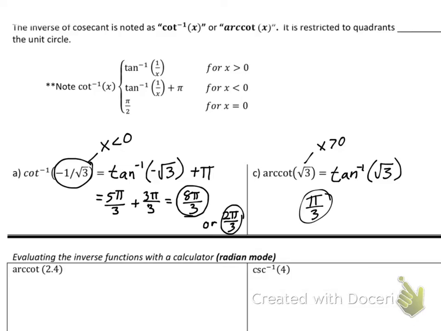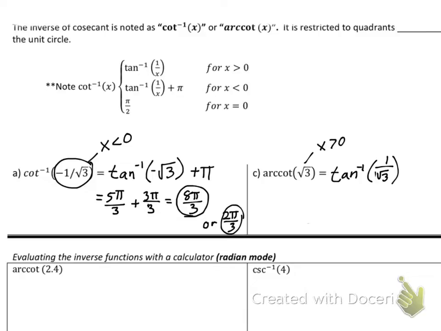Thank you for notifying me. Yeah, I did it wrong and no one noticed. I did it on purpose to see if anyone noticed. We should have said that was 1 over square root of 3.